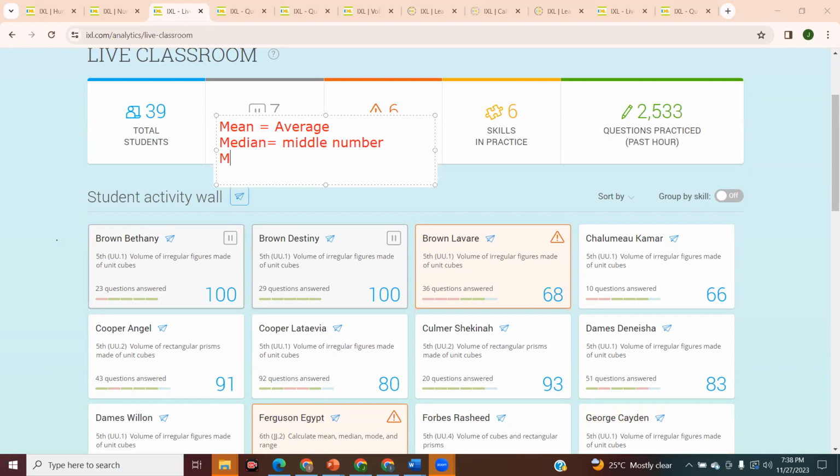The mode is the most frequent value in the data set. And the range is the highest number minus the lowest. All right.